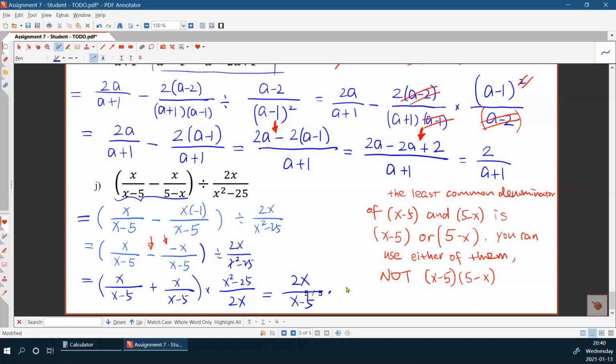X squared minus 25 can be rewritten, according to the formula, as (x plus 5) times (x minus 5), right? And last, we can cancel 2x with 2x because all of the terms are now in a factored form. X minus 5 can be canceled with x minus 5, which leaves us only x plus 5. Understand?